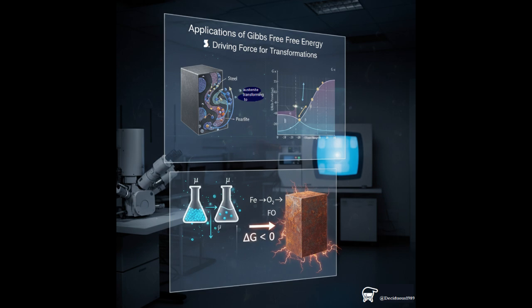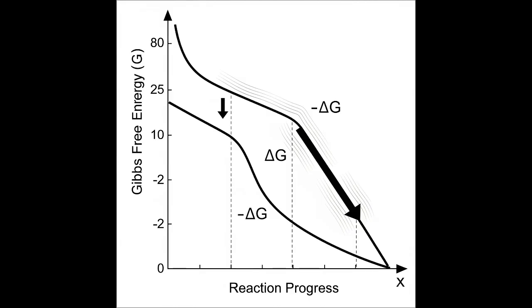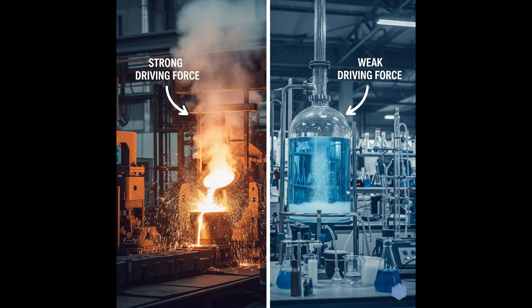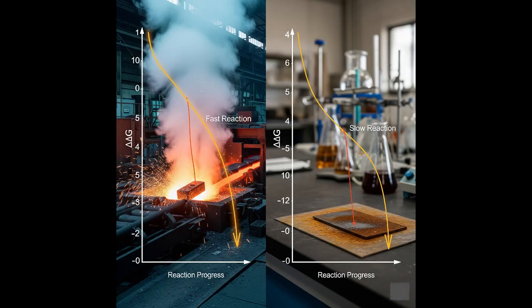Delta G is less than 0. The magnitude of this negative delta G represents the thermodynamic driving force for the transformation. A larger negative delta G means a stronger driving force.